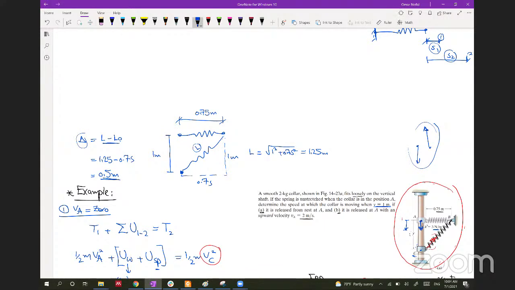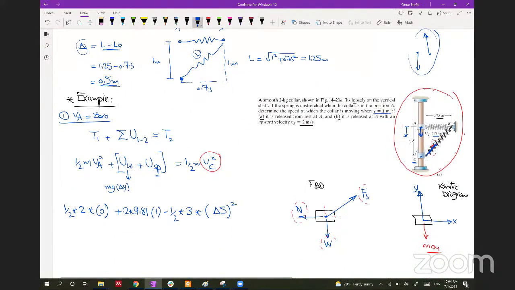This part is the stretch in the spring. So we will put it here and it will be squared, and it's negative because we know that the work exerted by the spring, not the energy, the work, is negative. So let's put 0.5 here. All of this will be equal to half multiplied by m, which is 2, multiplied by VC squared.